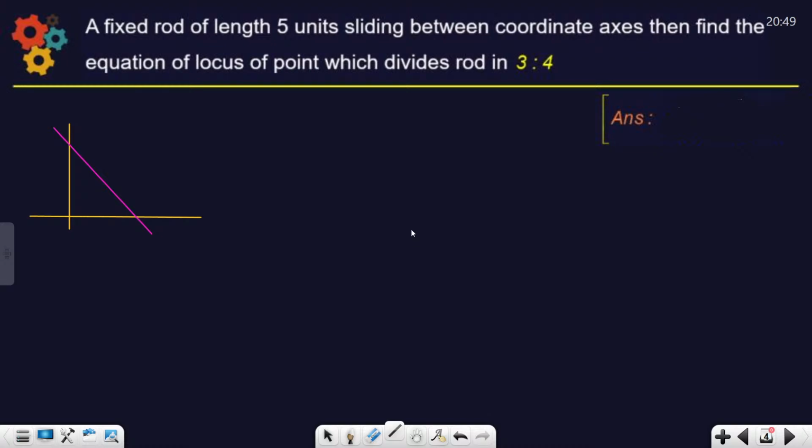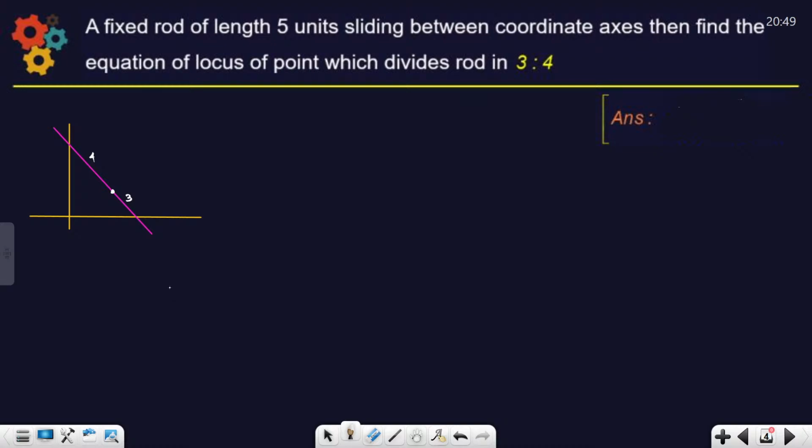Find the locus of the point which divides the rod in the ratio 3:4. Means we have to find the locus of a point, let us say this point, which is dividing this rod in the ratio 3:4.